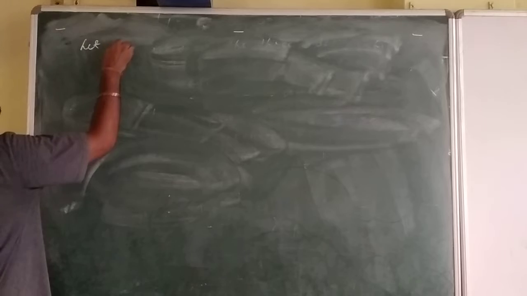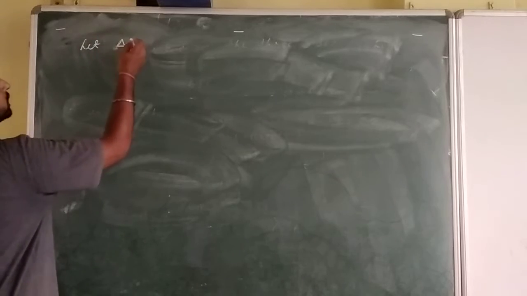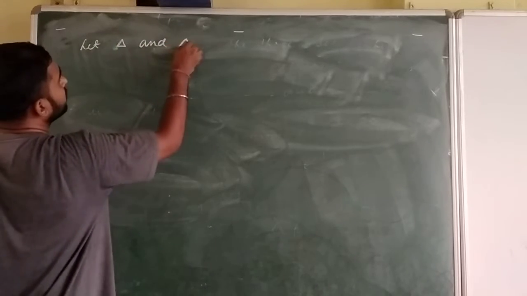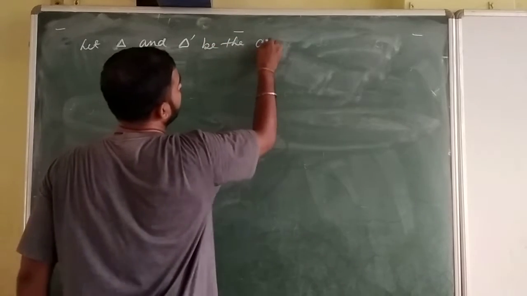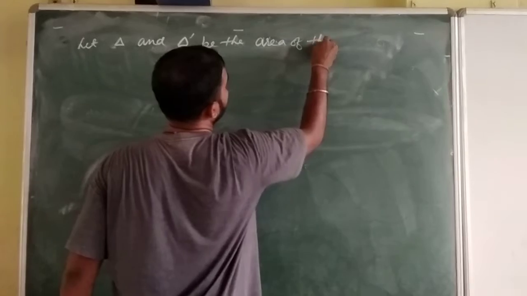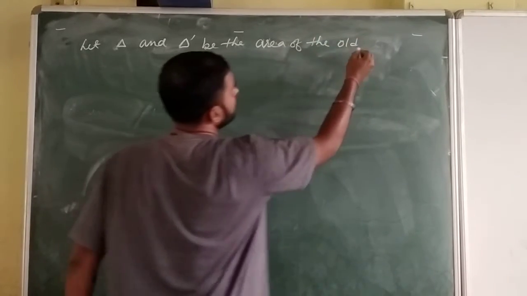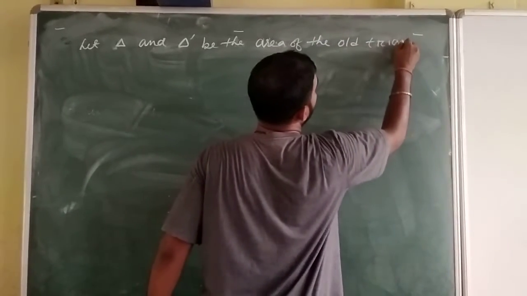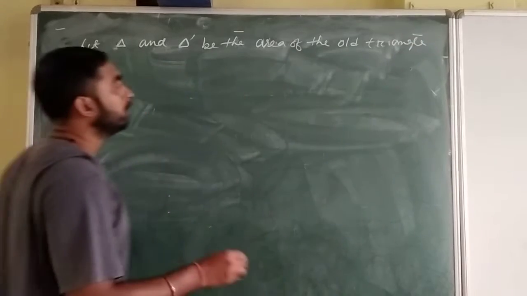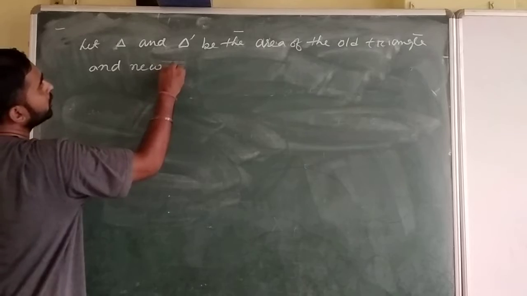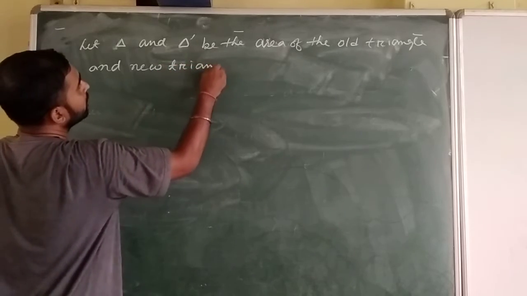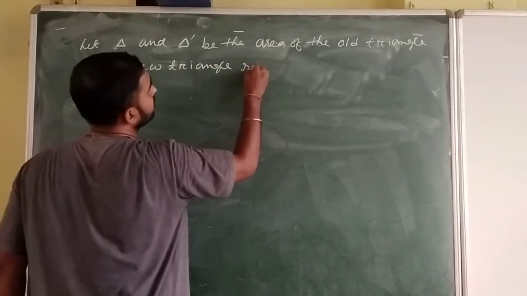Now we will find out the area. Let delta and delta dash be the area of the whole triangle and the new triangle respectively.